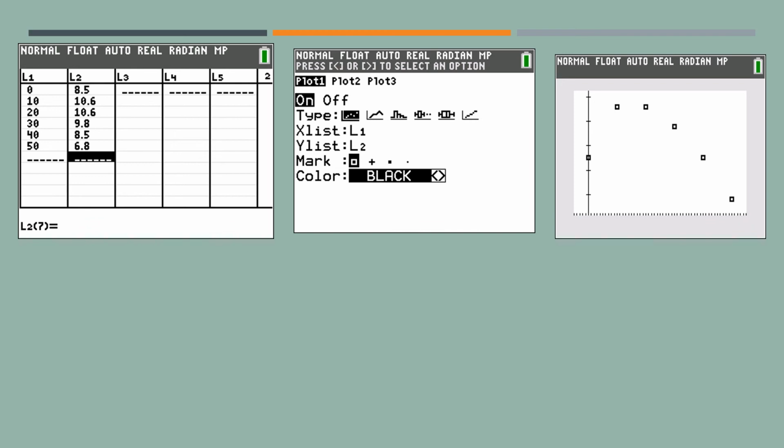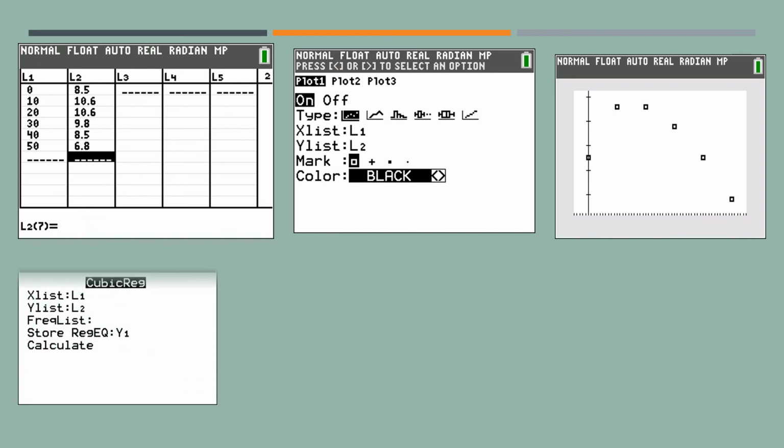So if we want to get a cubic equation for this, take stat calc, and under that, search for cubic regression. In your graphing calculator, when you select your stat calc, the cubic regression is number 6.